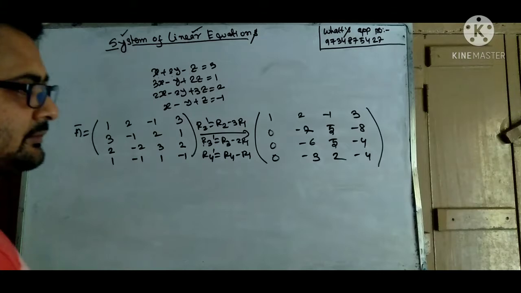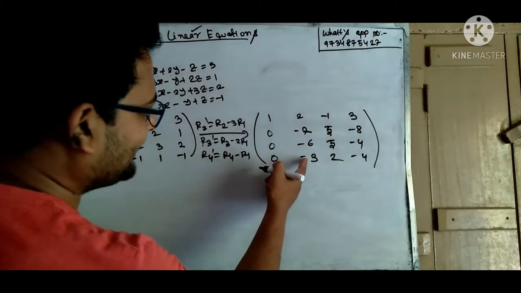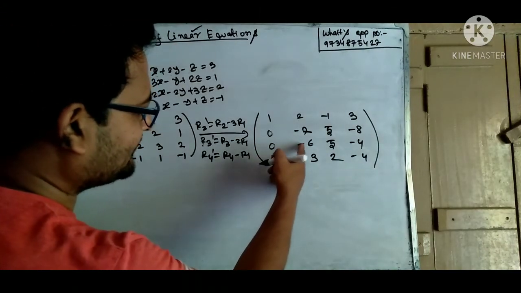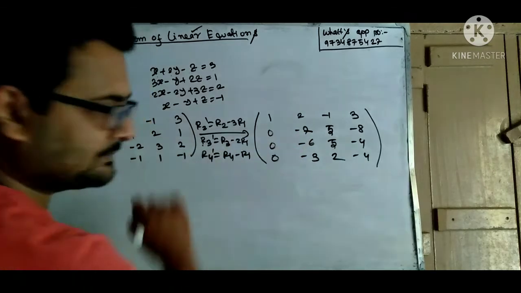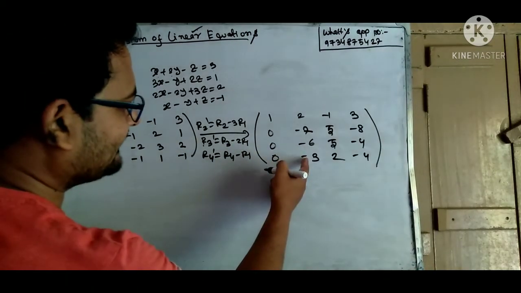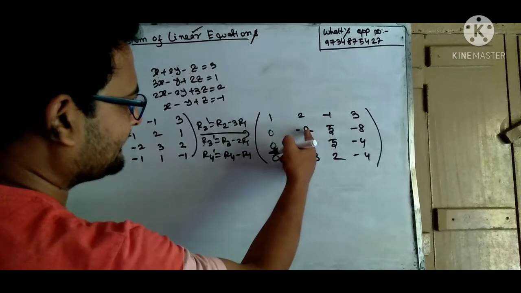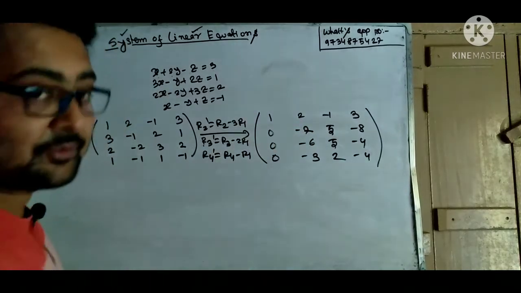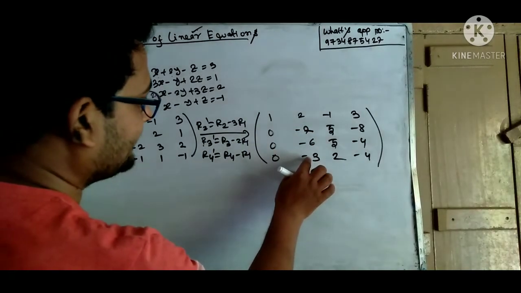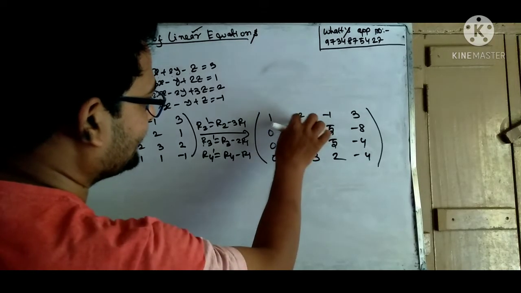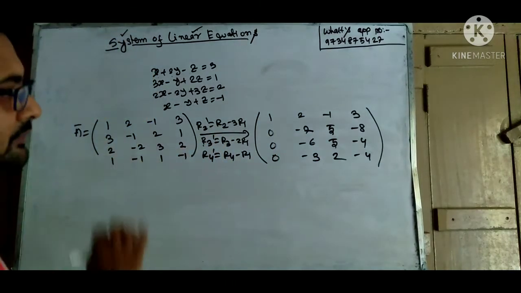Before doing this procedure, we will multiply this by 2 and subtract from this, then it becomes 0. Similarly, multiply this by 2 and subtract from this, then this becomes minus 1, and similarly if we multiply this by this, this will be minus 1.